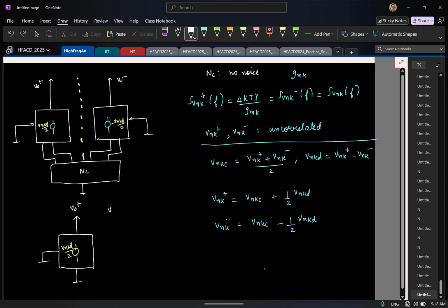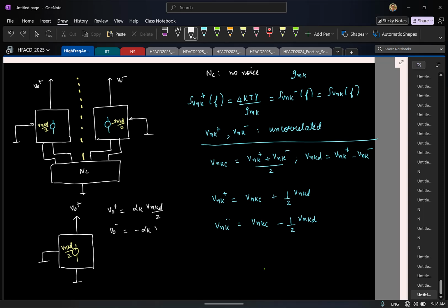Okay, so now we can find VO plus might be some alpha k times Vnkd by 2. Find some transfer function, linear transfer function. Similarly, what can you say about VO minus? Minus of that, minus alpha k. So my total differential output will be 2 alpha k times Vnkd by 2, which is fine.